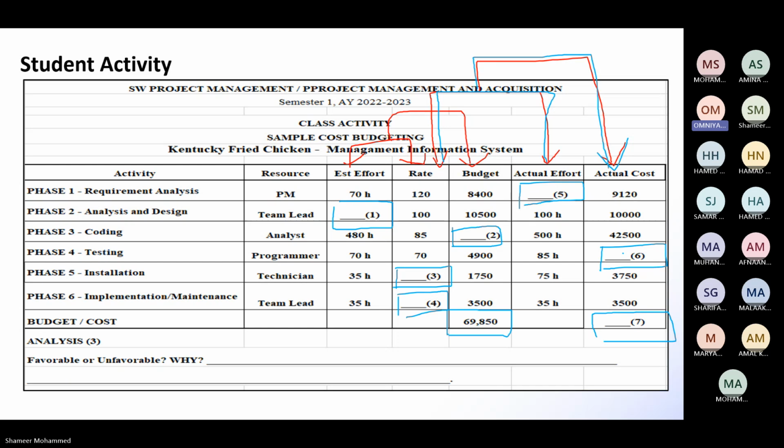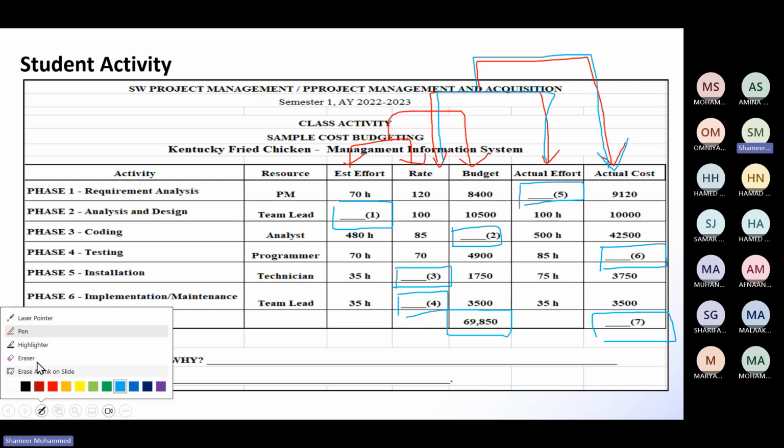Unfavorable, Mister. So how much did you get here? The value of 7. 74,820. That means it is too much. So actual cost is higher than the estimated cost.